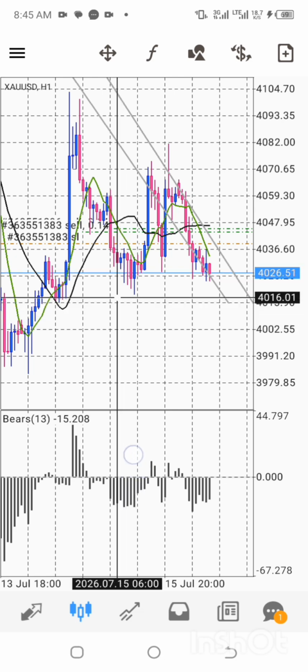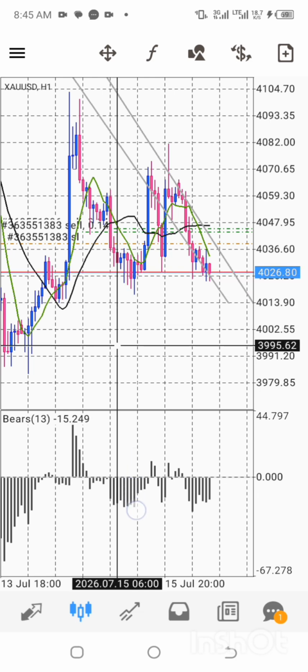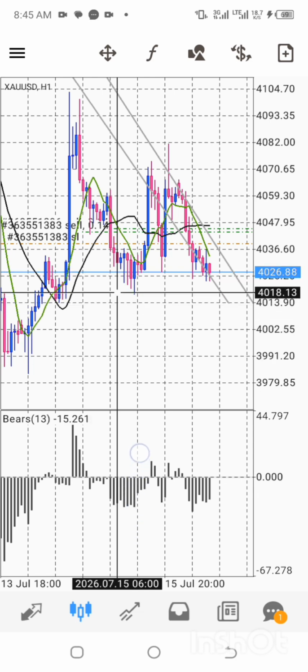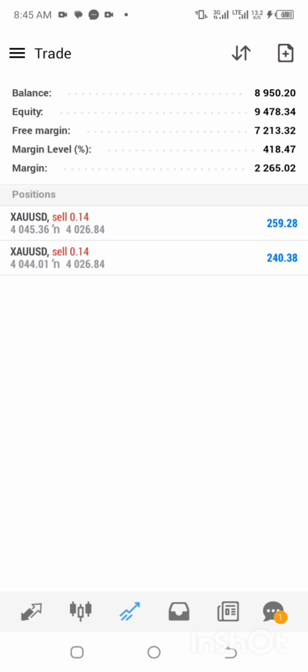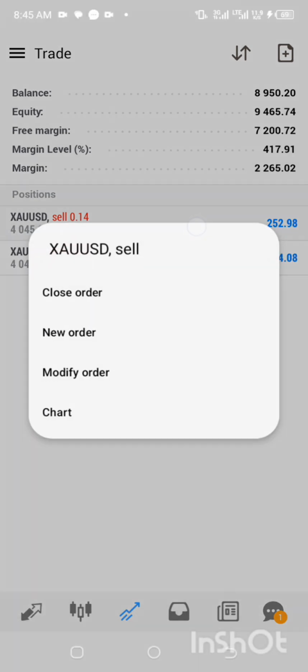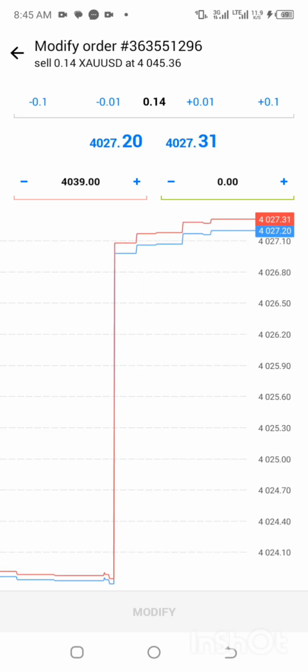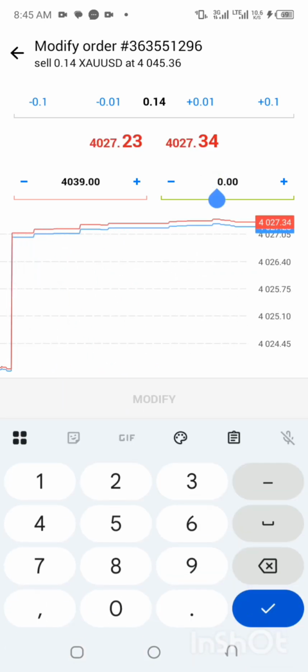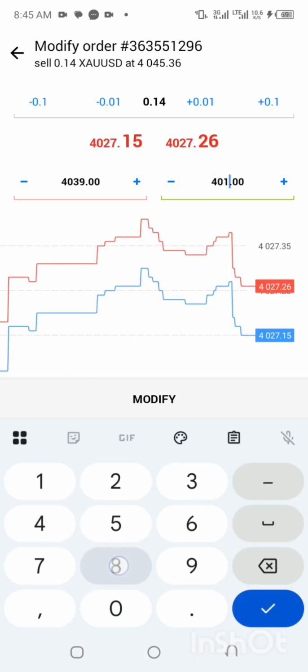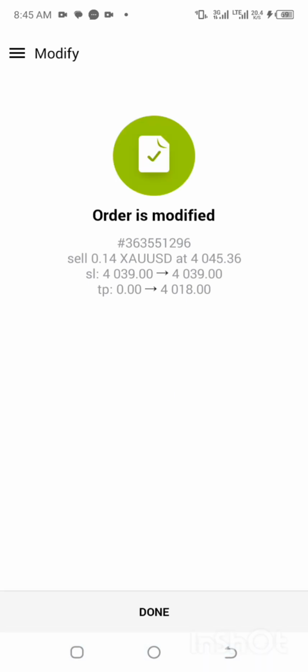So let's say the first take profit here and the second take profit here. The first take profit at 40.18 for the first trade. Go to modify. Let's put it at 40.18. Let's modify this.